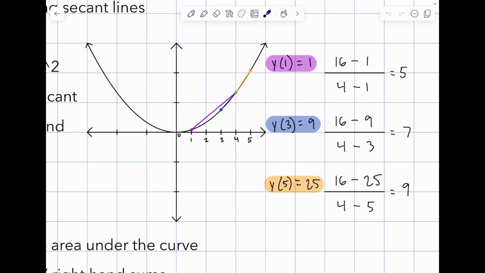The slope increases, so they're all different values here, and you can make the measurement more accurate by using points that are closer and closer to the point you want to find the derivative at, and using the slope of the secant line to estimate that slope, and that'll give you an accurate measurement for the derivative at that point.